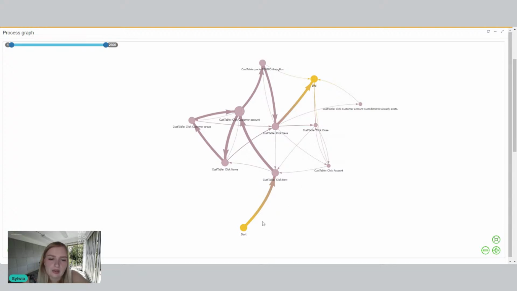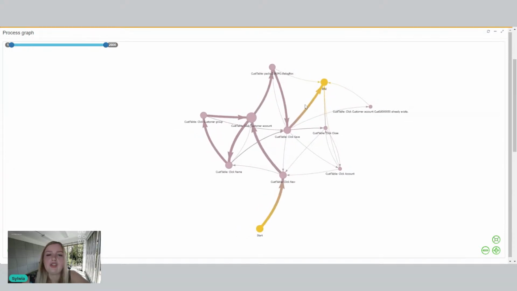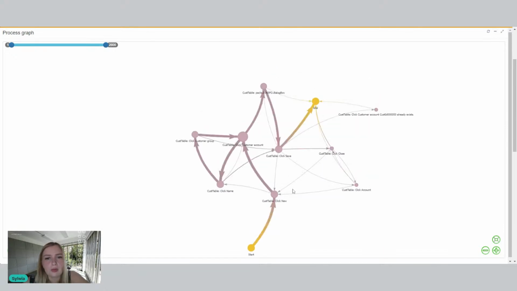And so what I wanted to say is that what is important here in this graph is that those bold arrows show you how most often the process is being executed, the most common variant of the process. And those thinner lines show you the variants of the process which are executed less often.